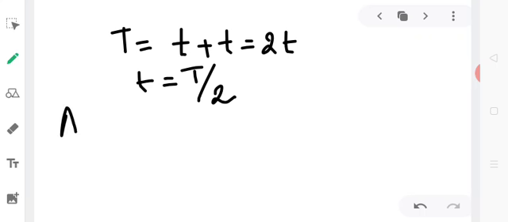Now at H, that is the highest point, the vertical component of velocity of the object becomes 0.